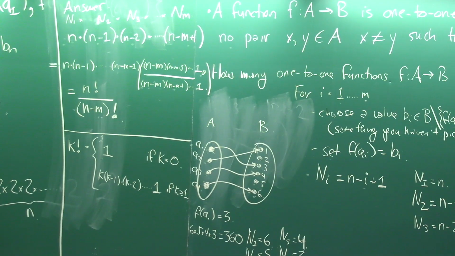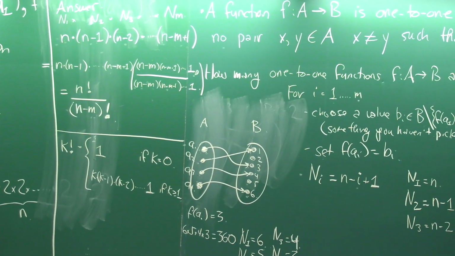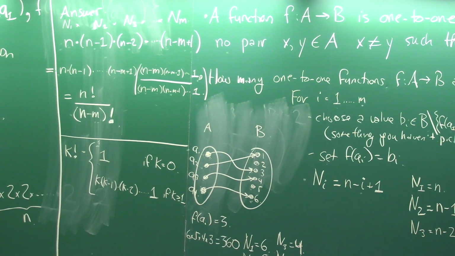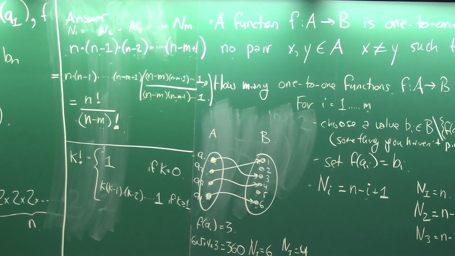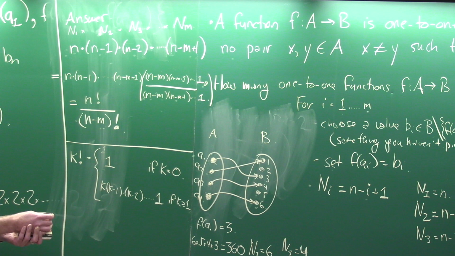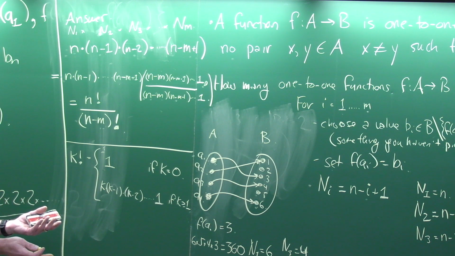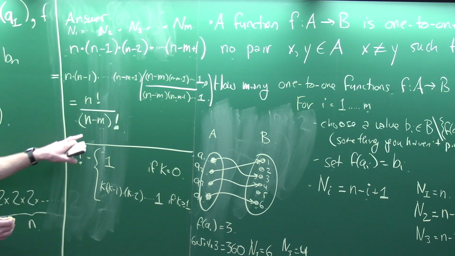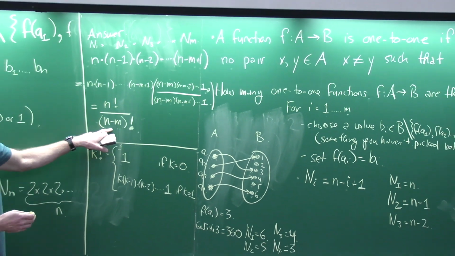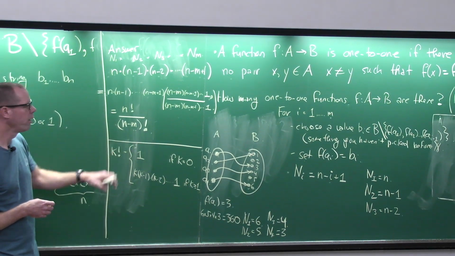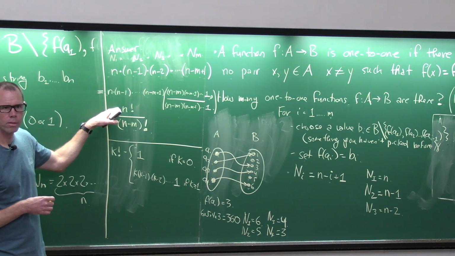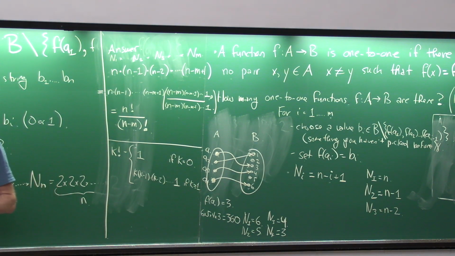And so, in fact, if you take A and B to be the same size, then a one-to-one function from A onto B is a permutation. Everything in A gets to pick exactly one element in B, and everything in B is picked exactly once. Then what comes down here, this is 0 factorial, so it's 1, so you just get n factorial. So this is a generalization of the number of permutations.